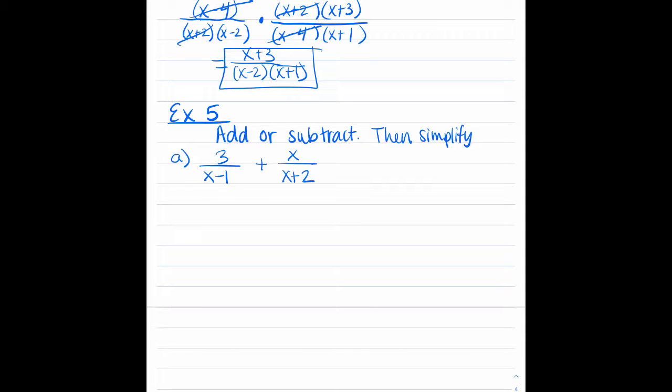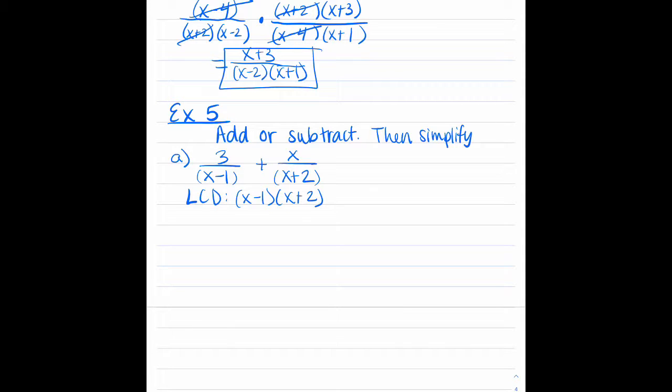So basically here you need a least common denominator, and since x minus 1 and x plus 2 are two different things, you can just multiply them together and you'll get your least common denominator. Then we need to change the fractions and multiply the fractions up top times something that will make x minus 1 times x plus 2 the denominator.